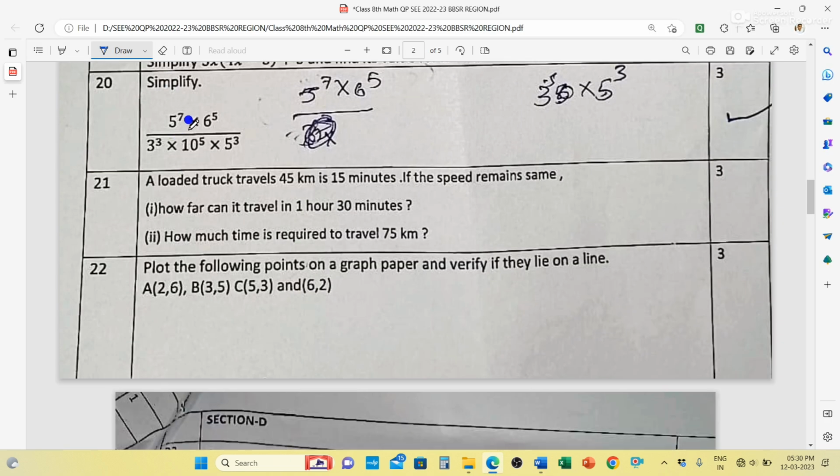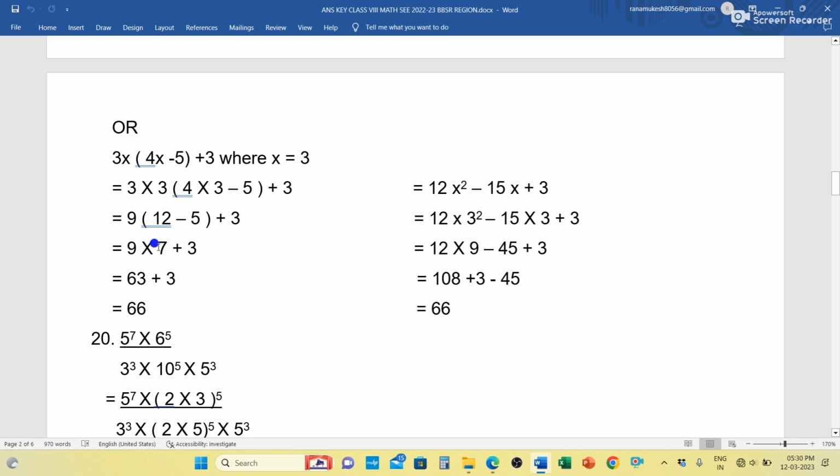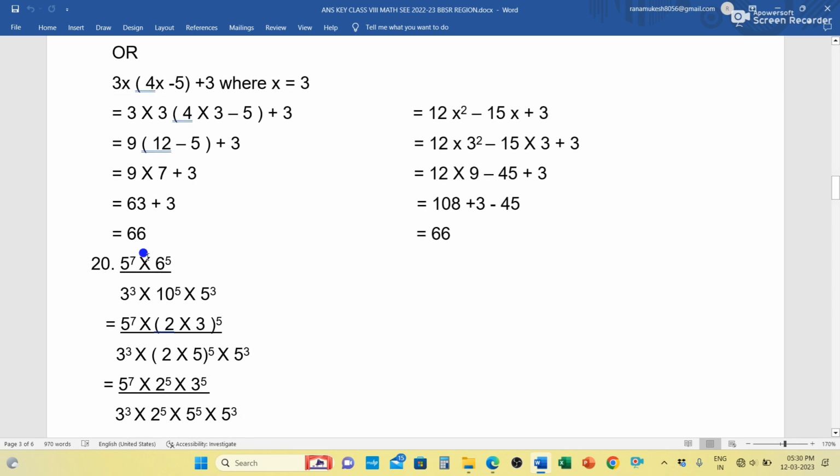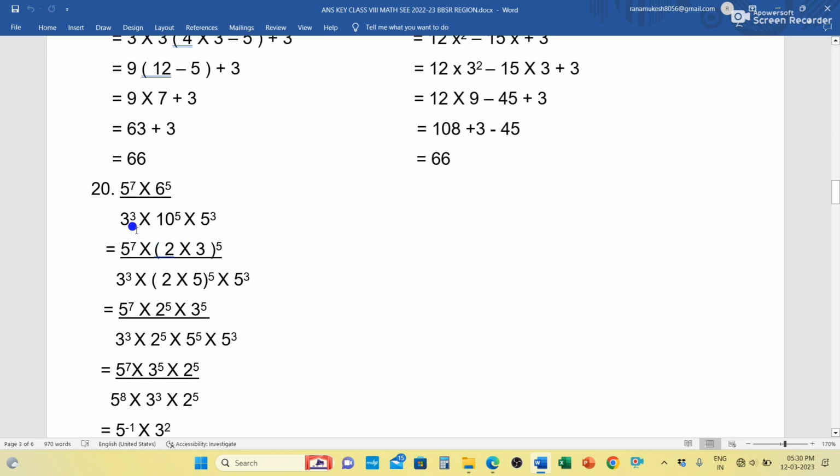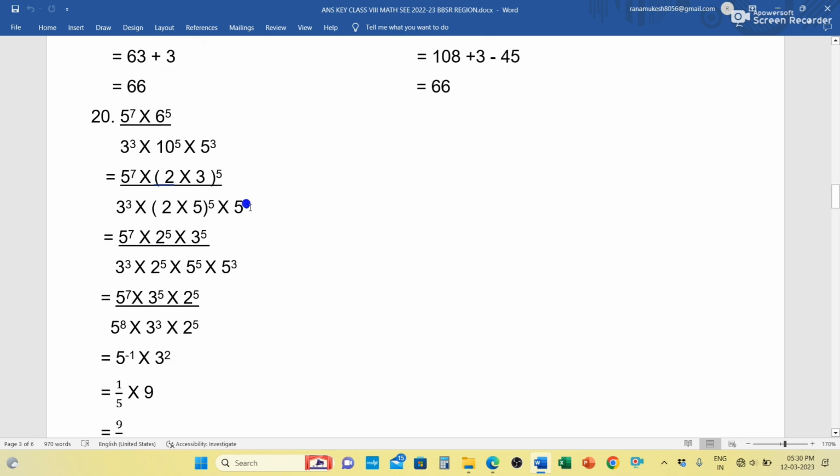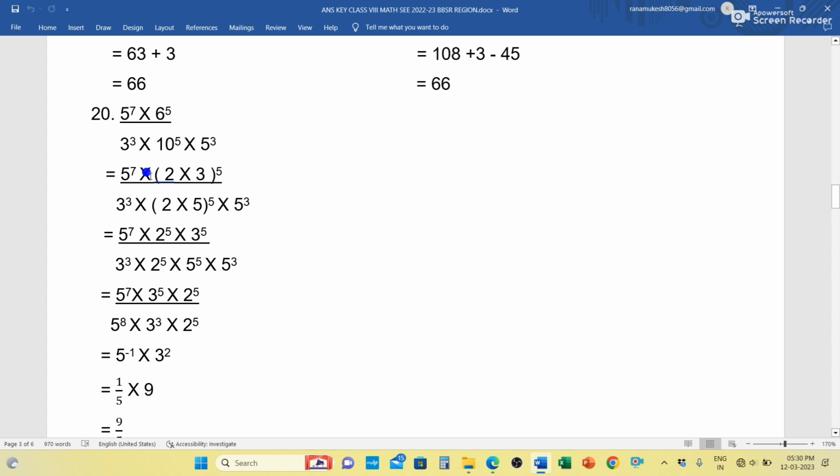Next is simplify. Okay, you can simplify here. 5 to the power 7 multiplied by 6 to the power 5 divided by 3 to the power 3 multiplied by 10 to the power 5 multiplied by 5 to the power 3. So 5 to the power 7 multiplied by 6 to the power 5, where 6 equal to (2 into 3) whole to the power 5.